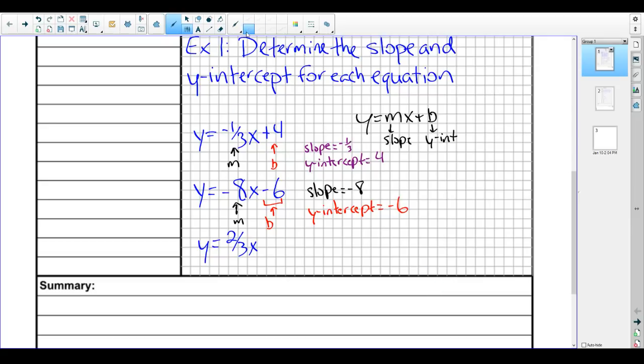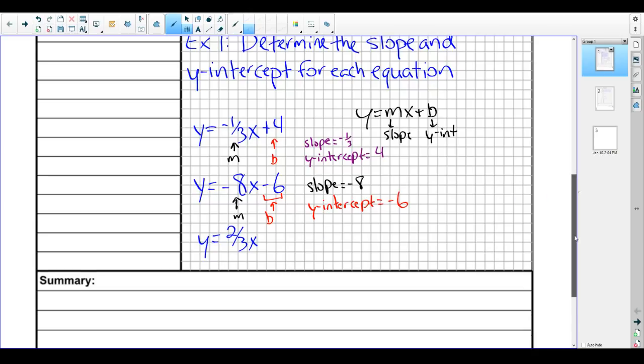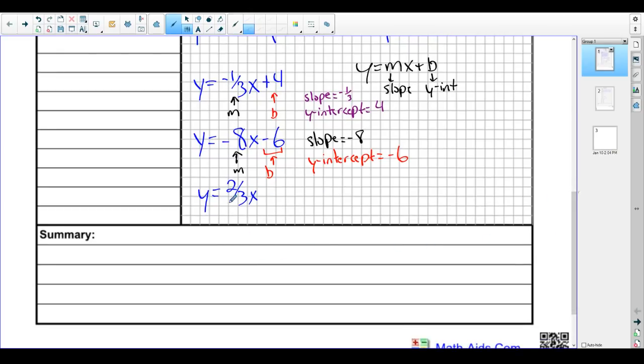And the third one's even easier. Gotta try to throw you off. Because you're like, hey, this doesn't say y equals mx plus b, it's just got one number. Well, this first number, that has to be our slope. Slope equals 2/3, right? Just whatever's times x. And then our y-intercept should be right here, but there's nothing there.